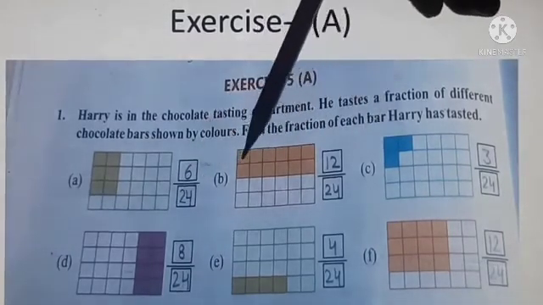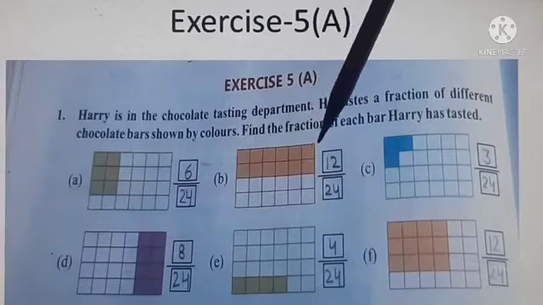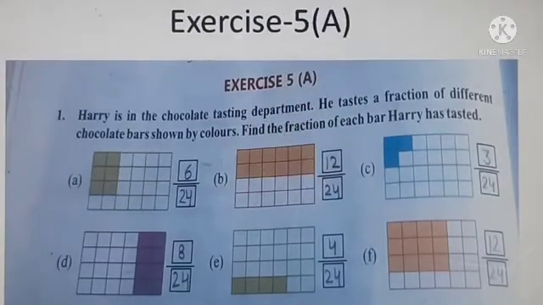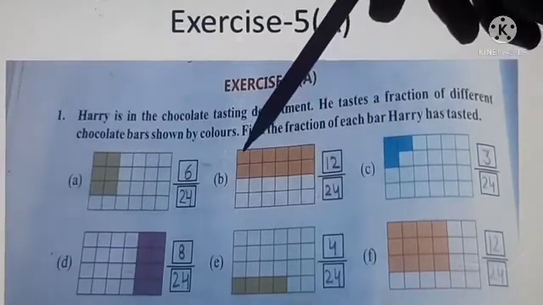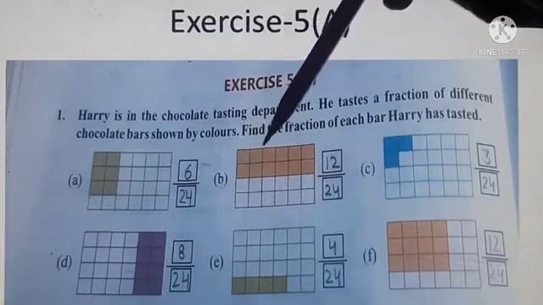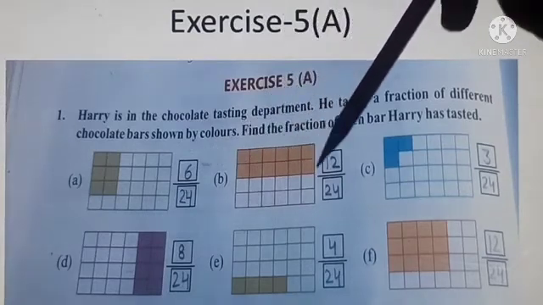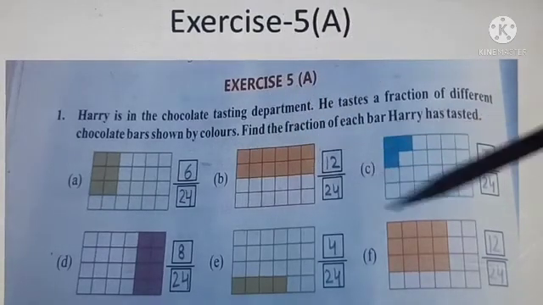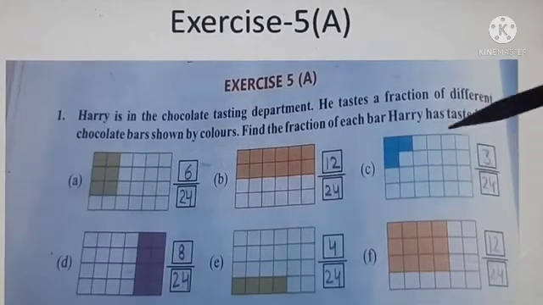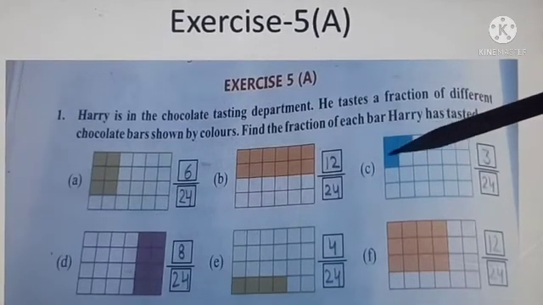Now B part, 1, 2, 3, 4, 5, 6. 6 plus 6, 12, plus 6, 18, plus 6, 24. Total are 24 and tasted parts, shaded parts we can say 1, 2, 3, 4, 5, 6, 7, 8, 9, 10, 11, 12. So the fraction is 12 upon 24. C part, again total 24 parts are there and shaded are 3.